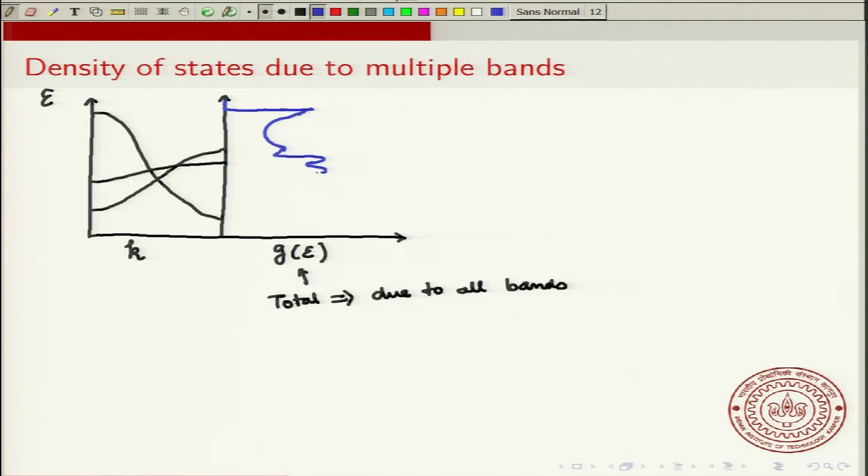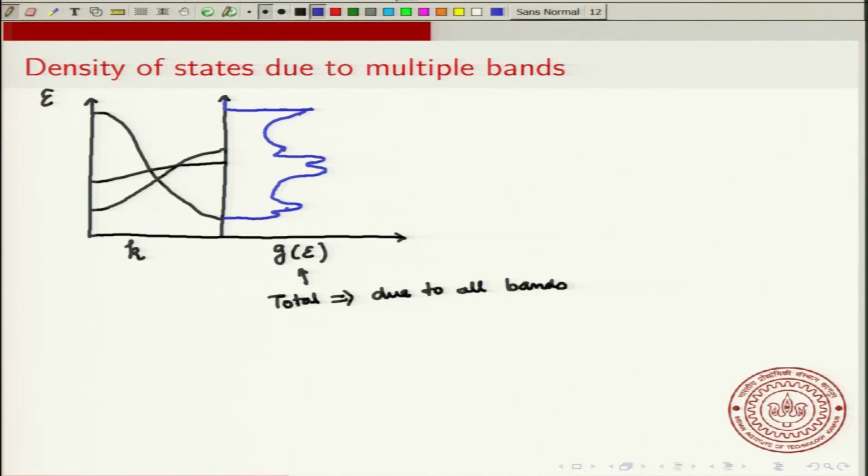Again, here due to the flat region you will see a high density of states, and finally it will go down. Again it will increase due to this flat region, and then due to this flat region, and it will go like this.